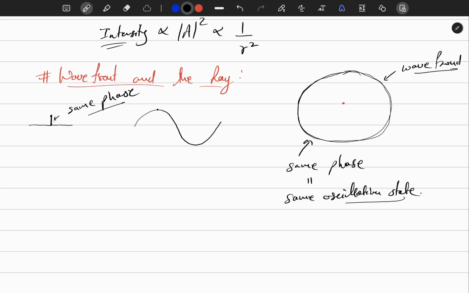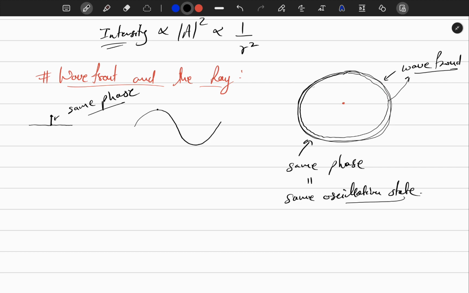But the particles next to, for example, this particle will be somewhat below this particle and coming upward. They will also make a circle which is a little bit inward of the crest circle. So this is a different wavefront.